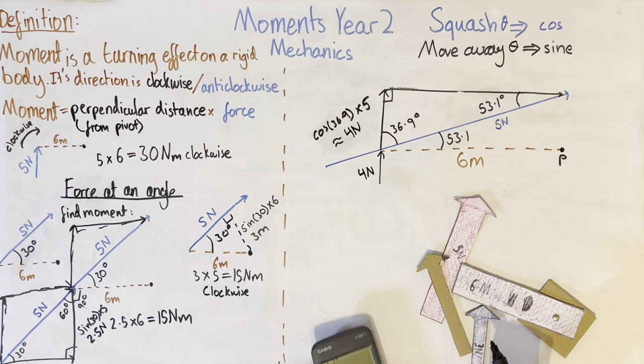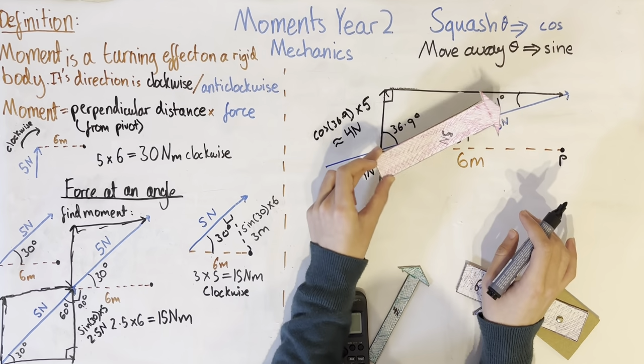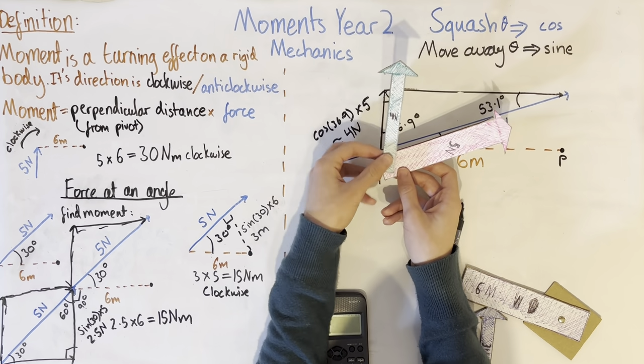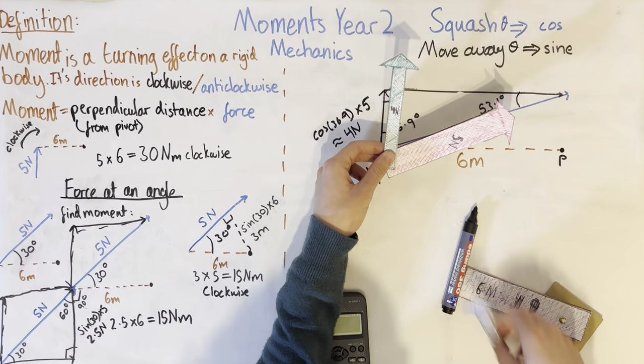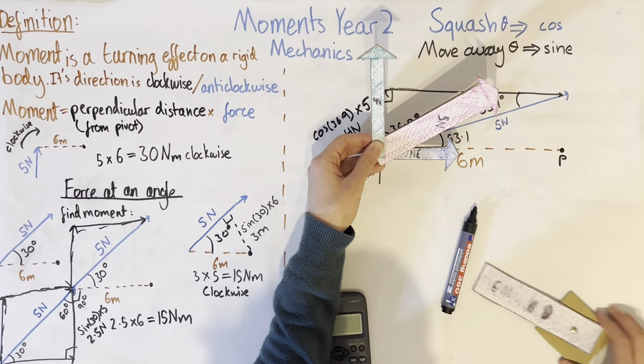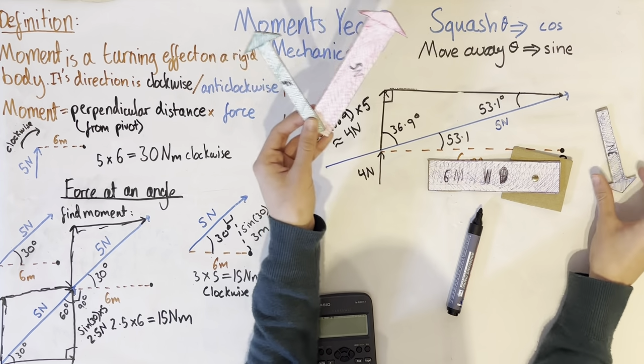Now, what we can notice is that if we take our 5 newtons here and our 4 newtons here, we don't really care about this 3 newtons because it's just acting in the direction of the pivot. It's not going to do anything. We can just throw this away.